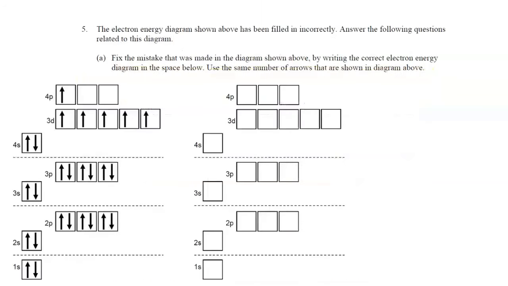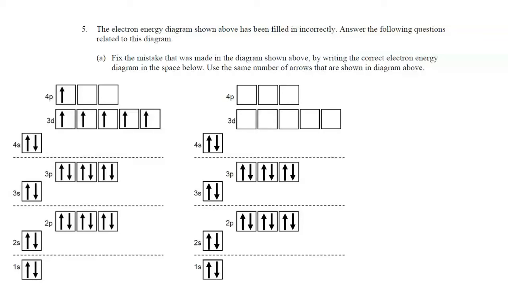So as you can see in this incorrect electron energy diagram, the first boxes that have been completely filled would total 2, 4, 6, 8, 10, 12, 14, 16, 18, 20. So the first 20 electrons have been filled in correctly.